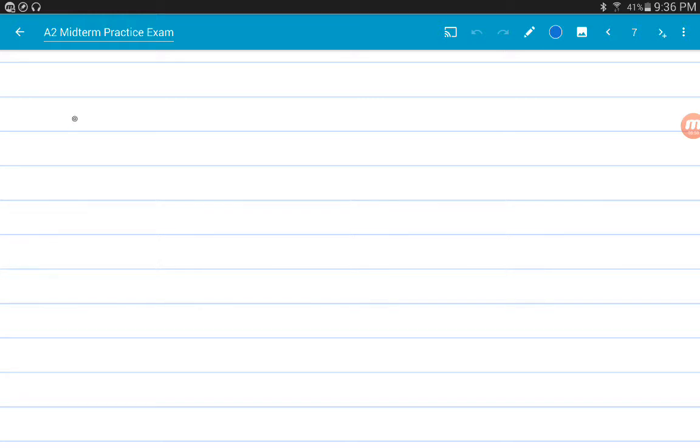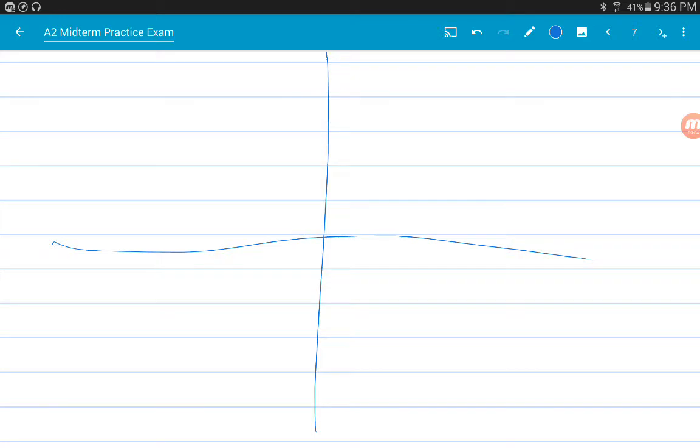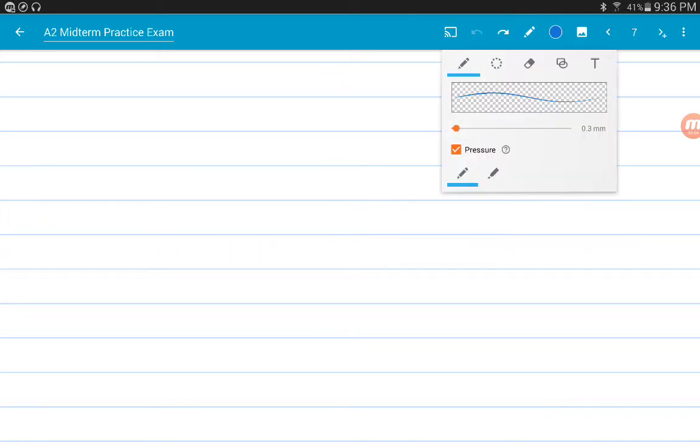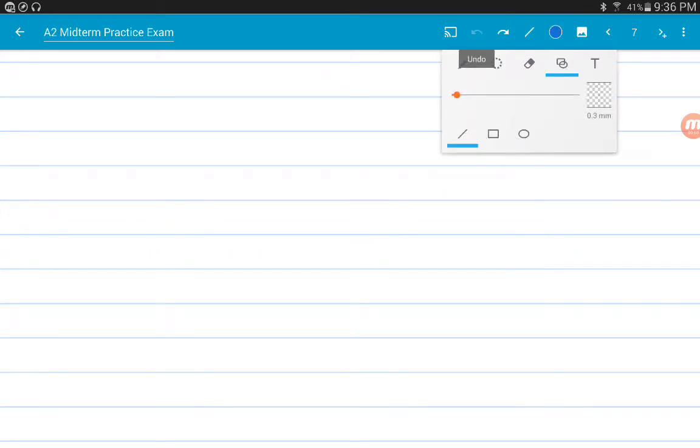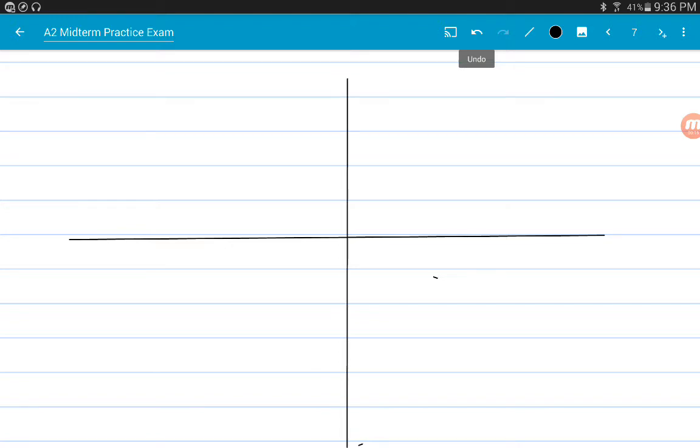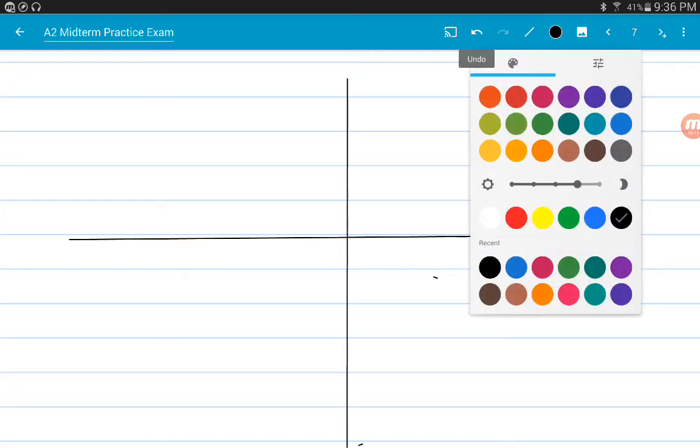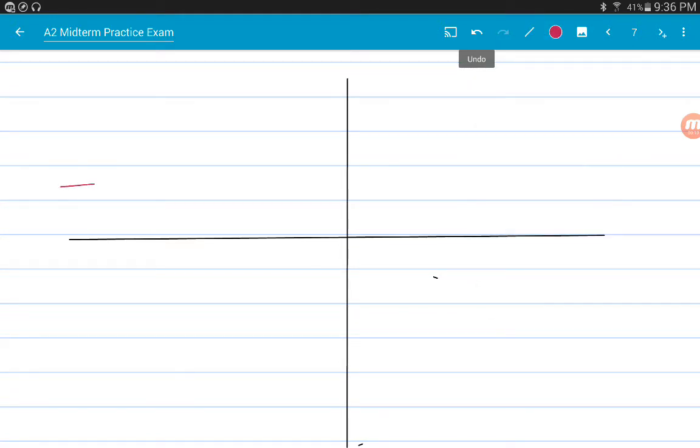Okay, so what I have here is an x and a y axis, and I could use my straight line tools to make those a little better. All right, so here's my x-axis and my y-axis. They give a directrix of y equals 6.